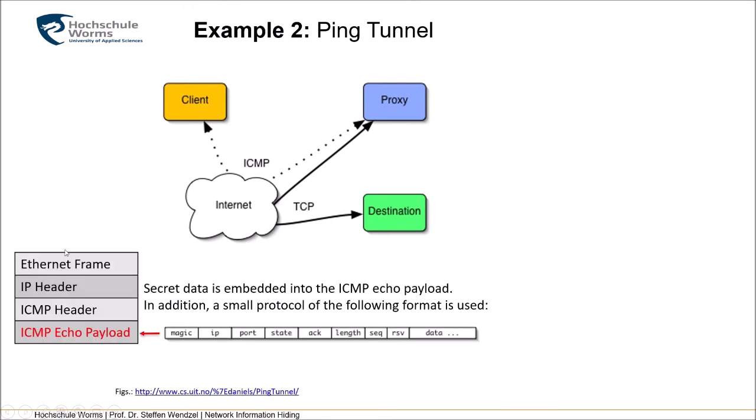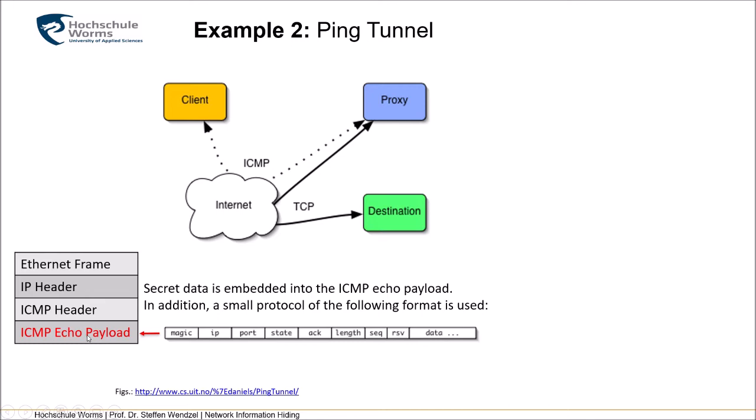So in the end, it's as follows. We have our IP packet here with ICMP attached, and what they send here is an ICMP echo reply, I think. And in the echo reply packet, you have some payload.